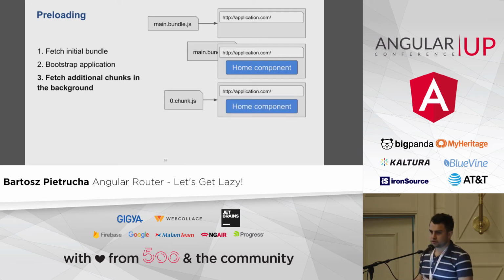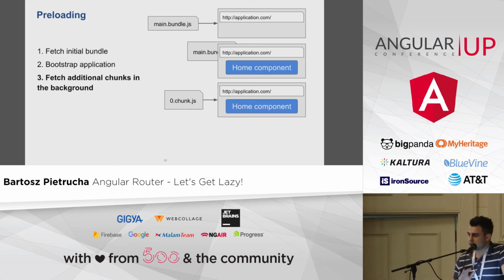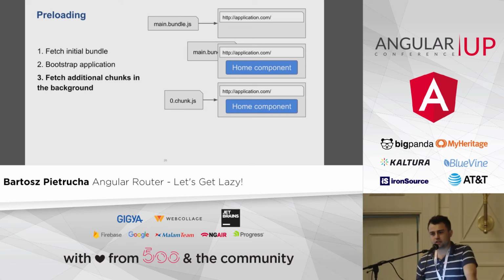When the user actually is using the application and traversing through the home component, what we do actually, we are fetching additional chunks in the background. So it's transparent for the user. He doesn't know anything. He just uses the application as it goes.